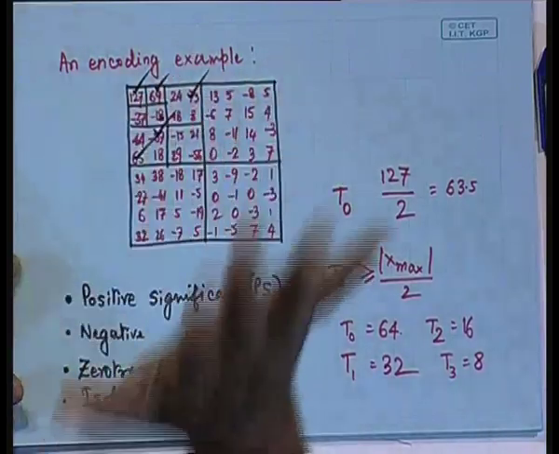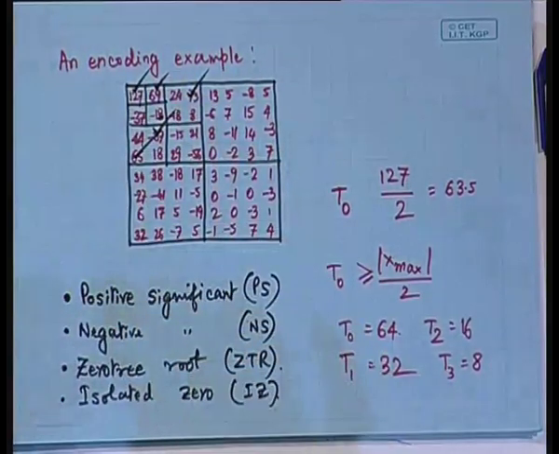What is the essential philosophy of that? Because if you have to generate an embedded bit stream, better start with a strictness, in the sense that only whatever are very significant, at the end of the first pass you will be finding that only a few coefficients you would pick up as significant, and those will be encoded.